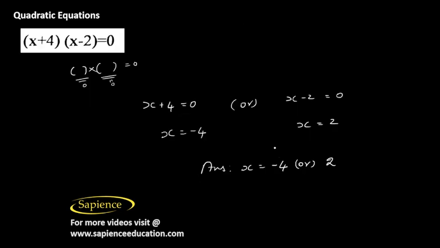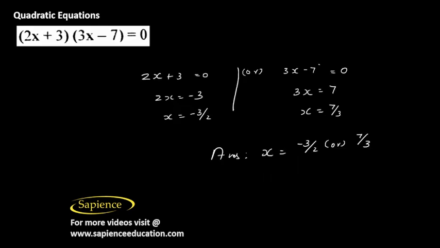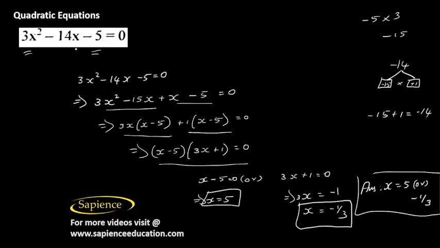And then we saw some examples. The product of these two numbers is 0, which means either this number is equal to 0 or this number is equal to 0. So x is equal to minus 4 or x is equal to 2. This question is also similar to that. But when the quadratic equation is in this format, we should factorize it first. So in order to factorize it, we need to use the middle term splitting technique.